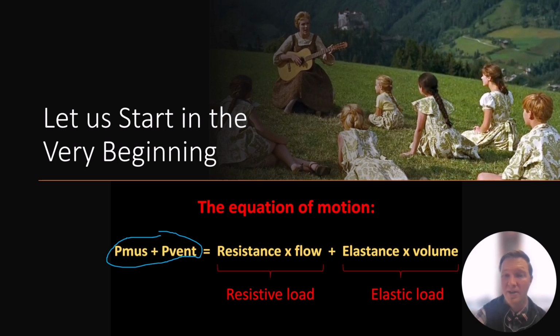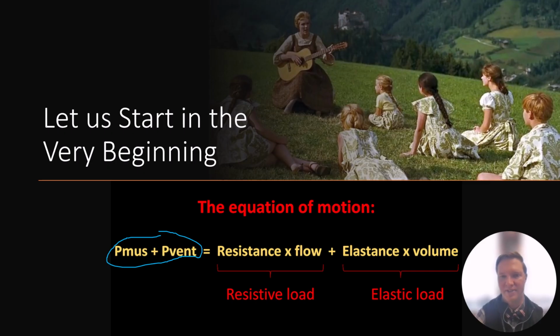You're having a hard time getting that volume of gas in there. So you're going to use those accessory muscles to try to pull more gas in there. And so this is going to create a workload that the patient has, where we need to take that away either by resolving the underlying issue or by using our machines to help assist their ventilation.